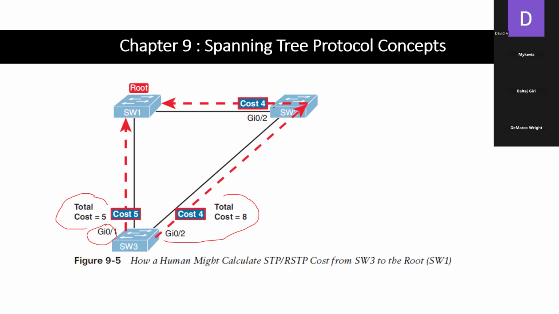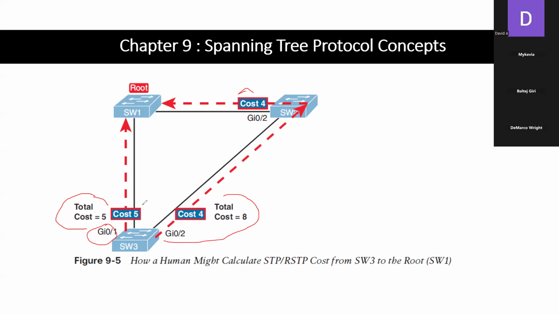But then it also has to go through Switch 2, and that link cost is 4. So 4 plus 4 equals what? 8. So we have a total cost of 8. From Switch 3's perspective, it's going to choose the link with the lowest cost to be the root port. That port is going to be Gigabit 0/1.